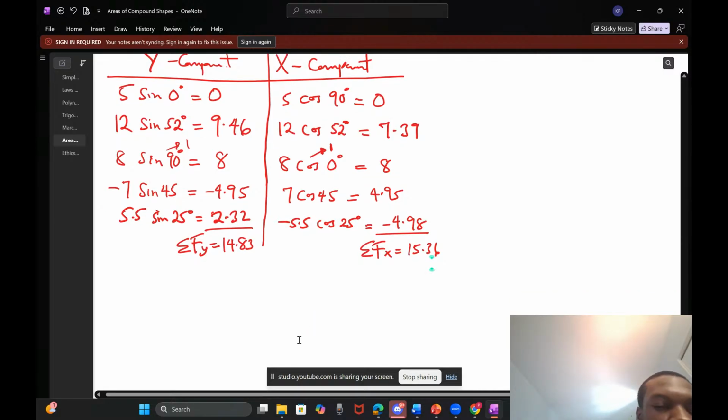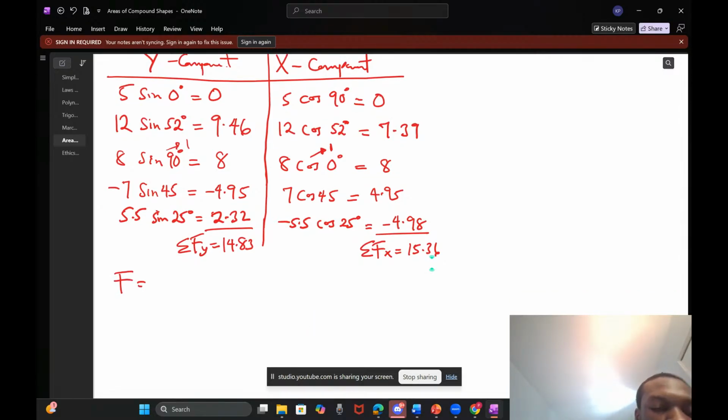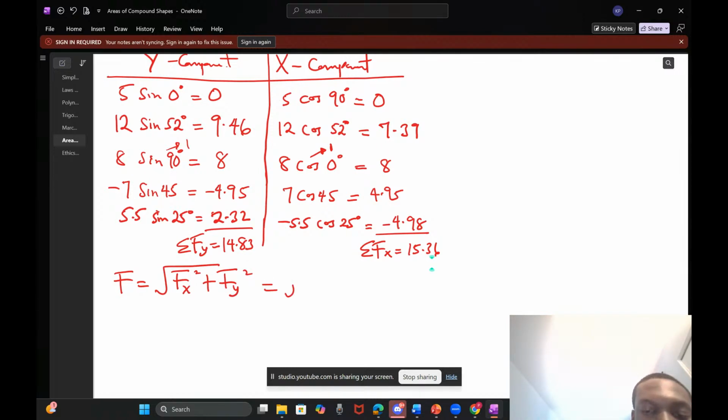So to find the resultant force, that will be the square root of Fx squared plus Fy squared. So that's 14.83 squared plus 15.36 squared.